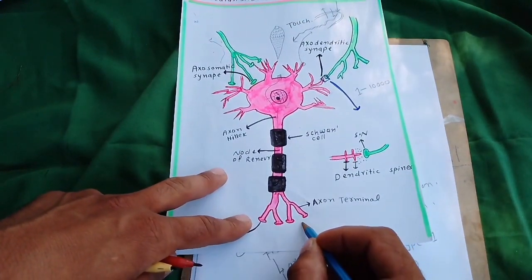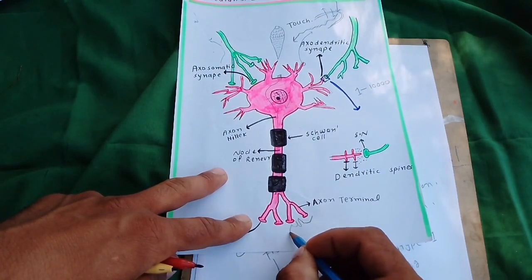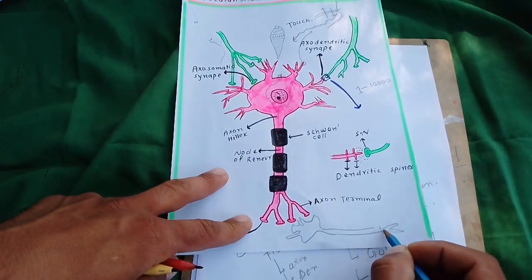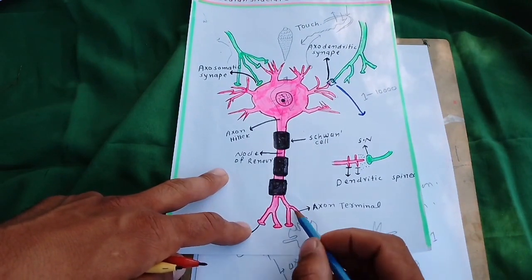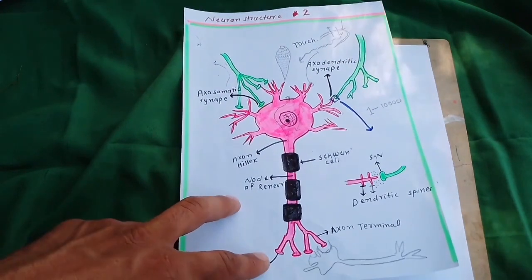This axon then again synapses on the dendrites of the other neuron and gives the message to it. This one is the axon. So this axon terminal again gives the message to the dendrite. These are the dendrites.